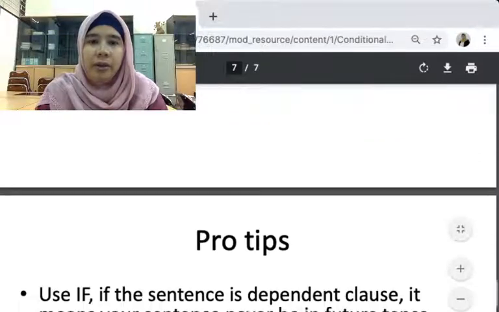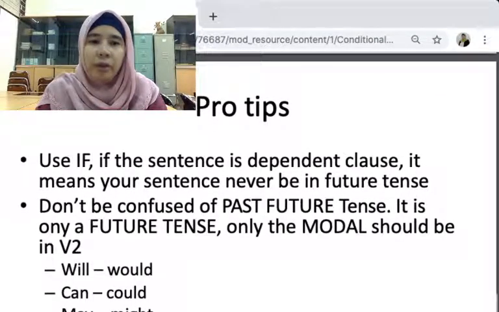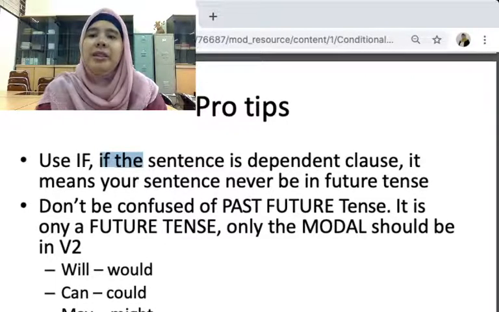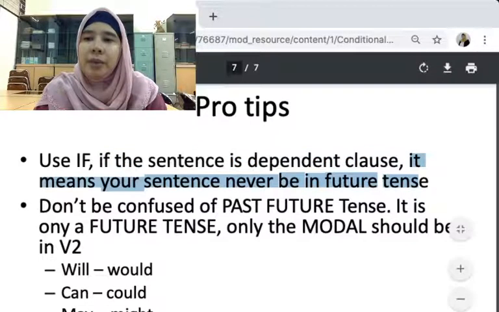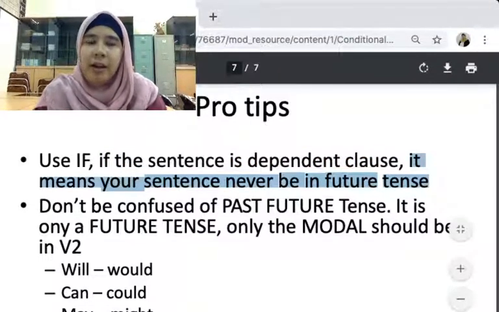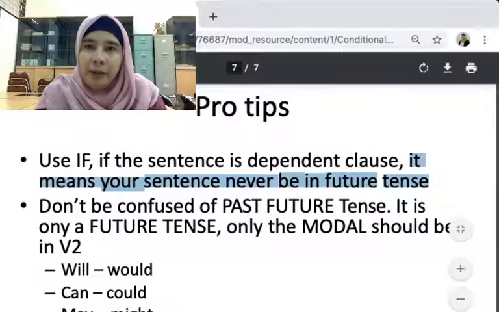Okay, next, the pro tips of it is use if. Use if when the sentence is a dependent clause. So the dependent clause of the conditional clause always has if. It means your sentence is never in the future. Remember, every future should be in the main clause.